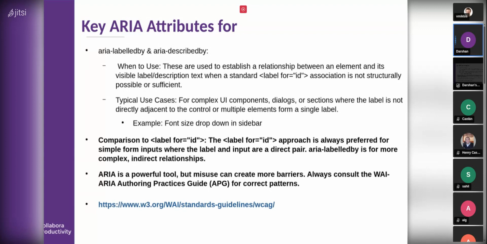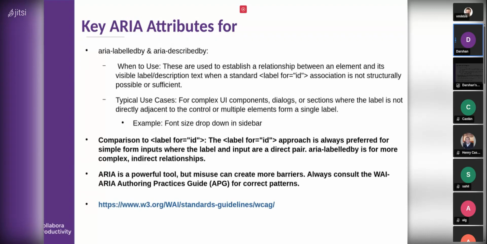So yeah, I just want to add that ARIA is a powerful tool, but if we misuse it or use it in too many places, there will be consequences. We cannot use a label-input id connection and aria-label at the same time.